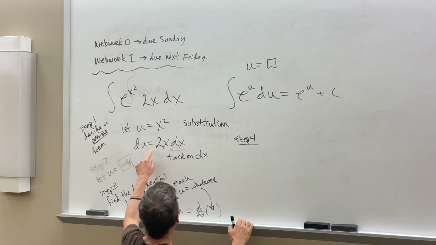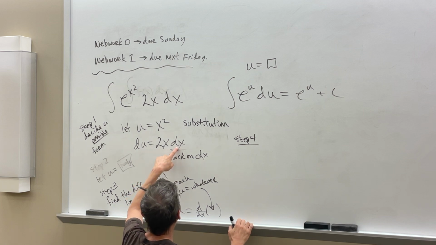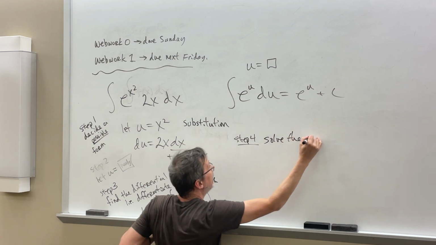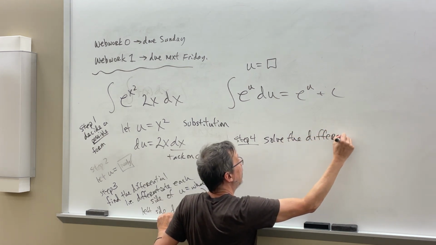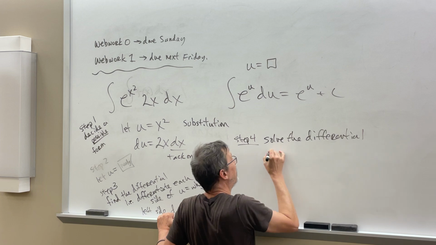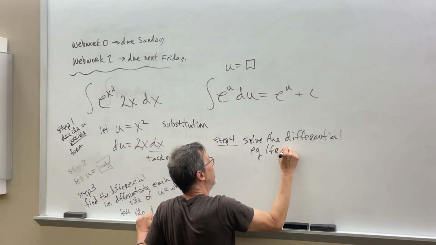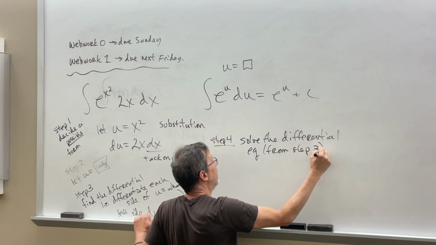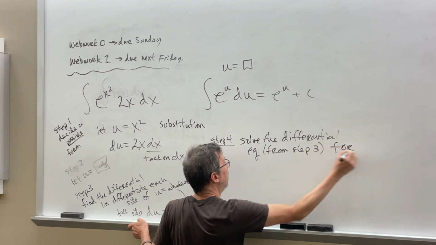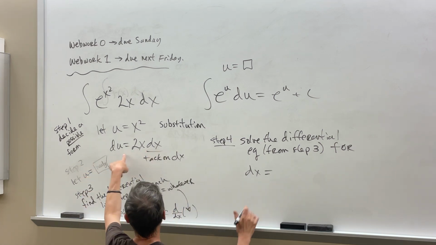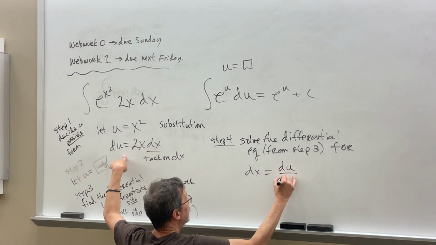Step 4 is where I solve this equation for dx. So solve the differential equation that you just produced from step 3 for dx. So dx here is going to equal du over 2x.